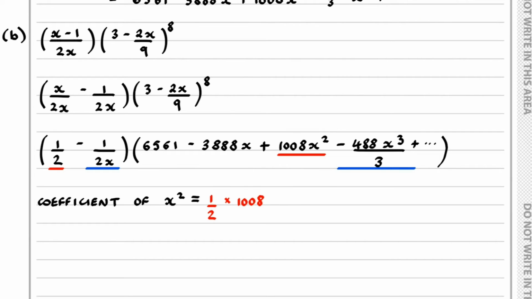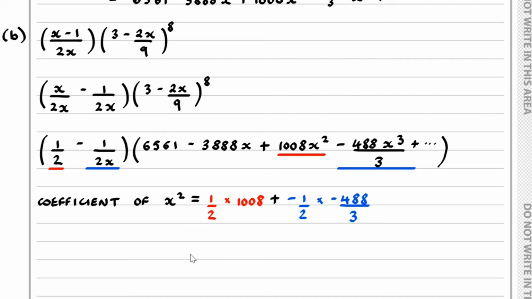So we add on to this negative 1/2 multiplied by negative 488 over 3.